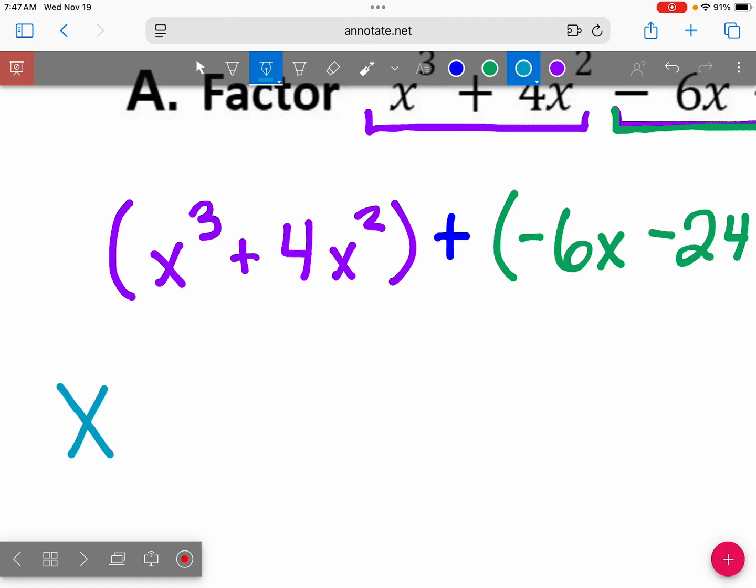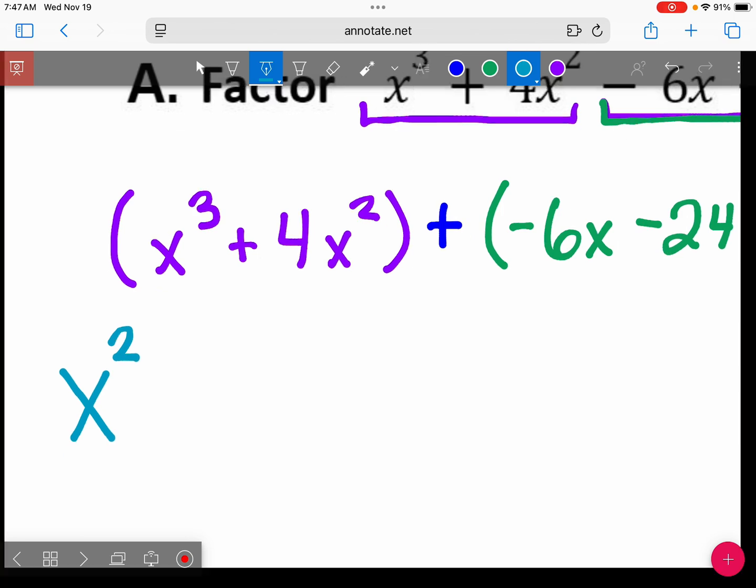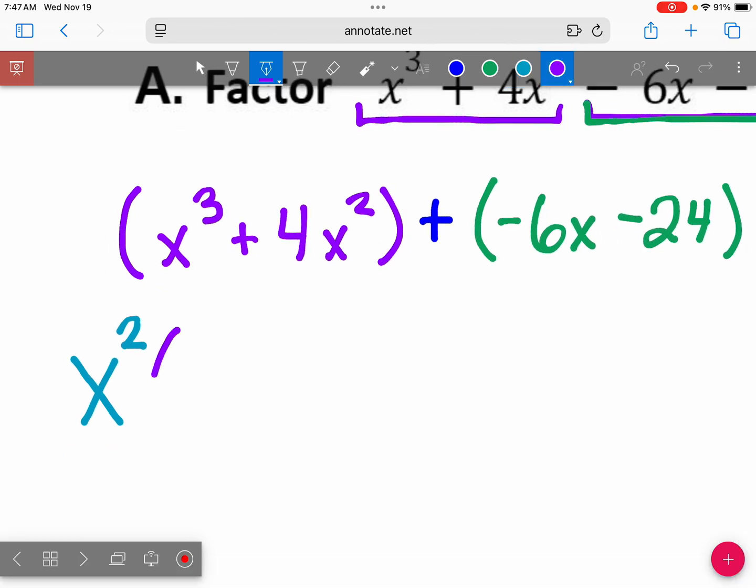So I can take an x squared out. When I take x squared out, what am I left with here? X plus 4. And again, if I was to distribute that out, I would have exactly what we had above. If I went x squared times x, x squared times 4, I get exactly this. Great way to kind of spot check.